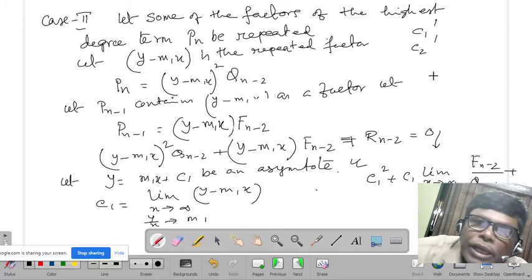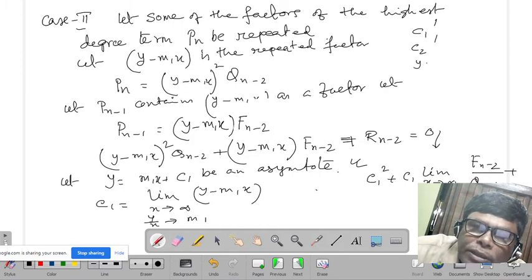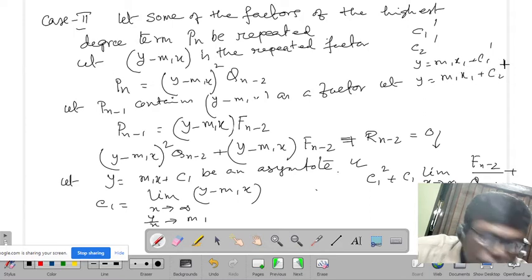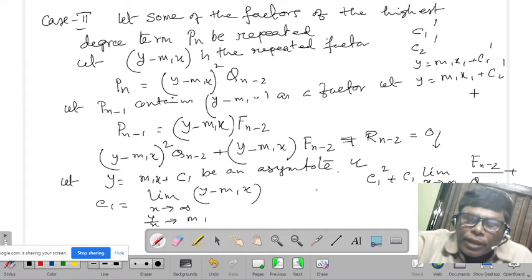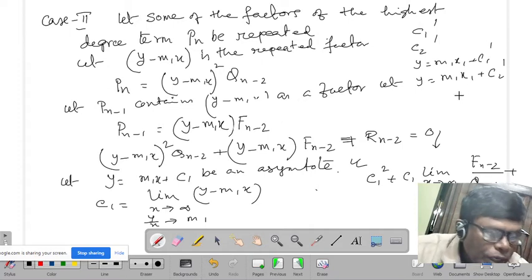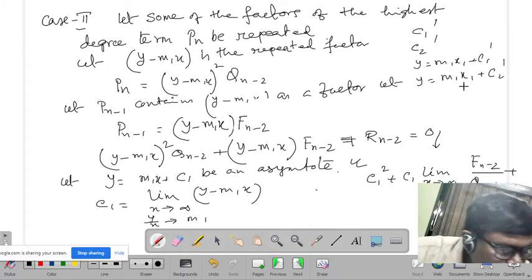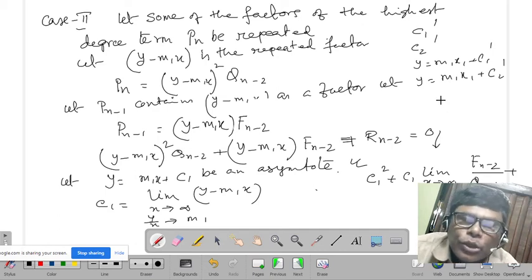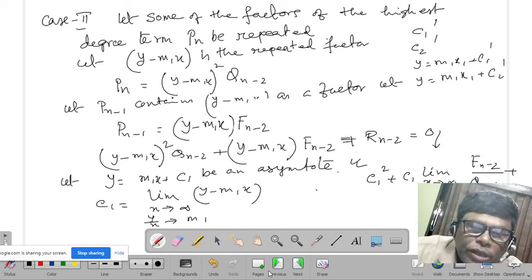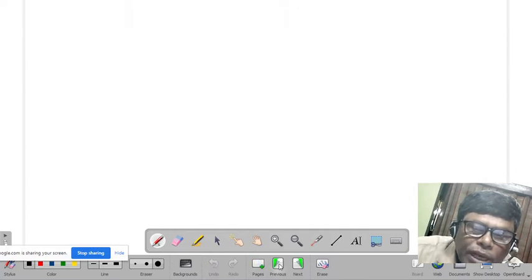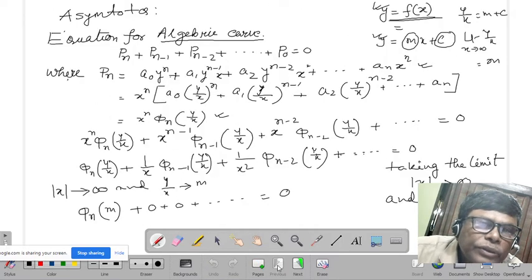Okay, so we are getting y is equal to m1 x plus c1 dashed and y is equal to m1 x plus c2 dashed. So these two are the asymptotes. Similarly, these two cases can arise. So from a general equation, we are getting the asymptotes.